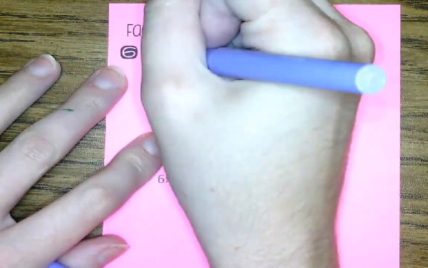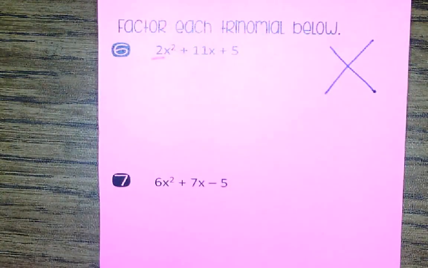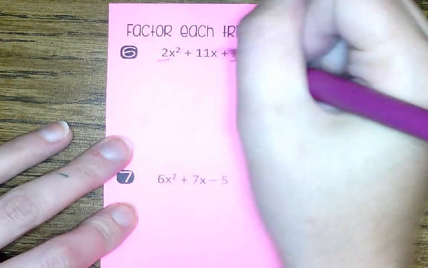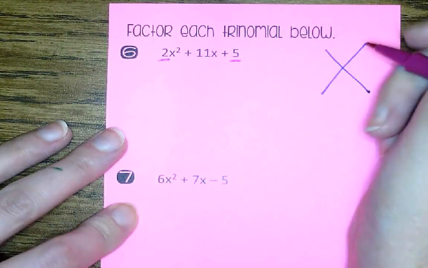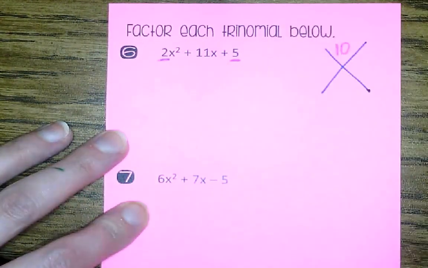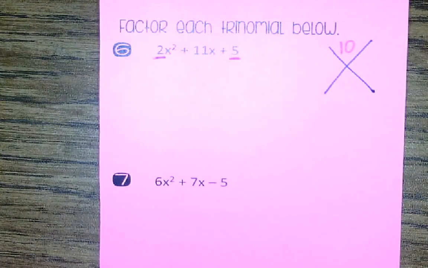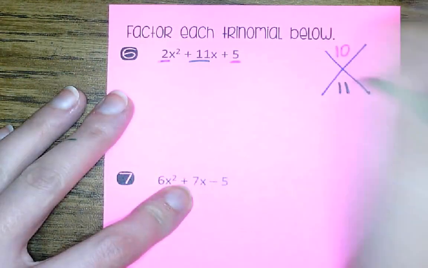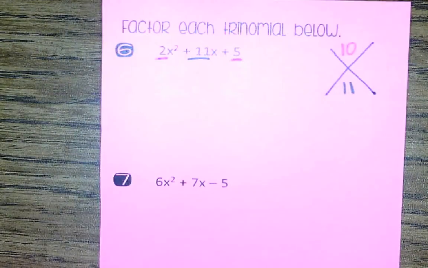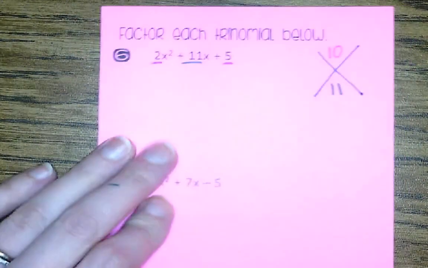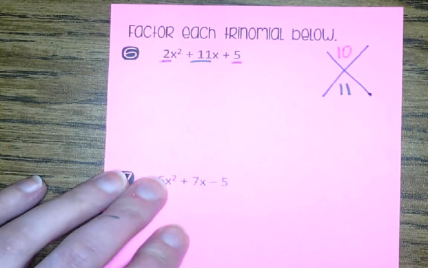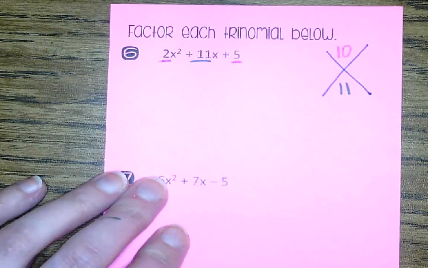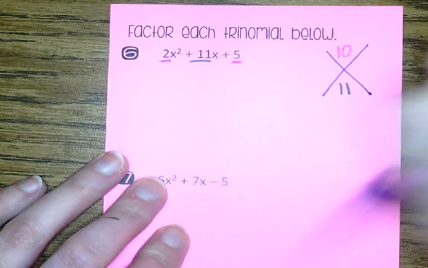You have to do A times C. Your A times your C here. So on the top, now we have a 10. And on the bottom, now we have an 11. Do you guys feel good about that? So guys, what two numbers multiply to 10 but add to 11? 10 and 1. Excellent job.